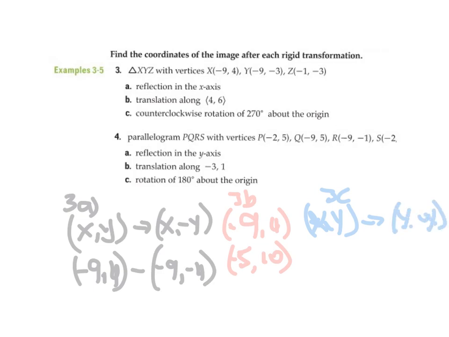So let's have a look at what you've got now. We're doing your negative 9 and 4 still. What happens is you swap them. So it's going to go 4 there, and your y is going to be negative. Well, it's already negative, so it's going to be a positive 9.